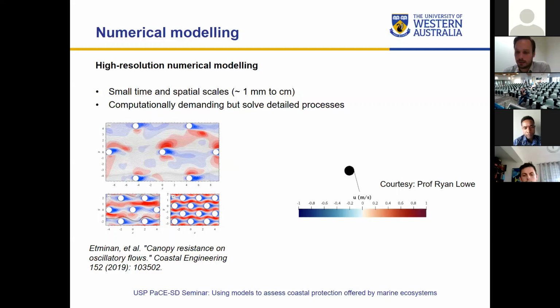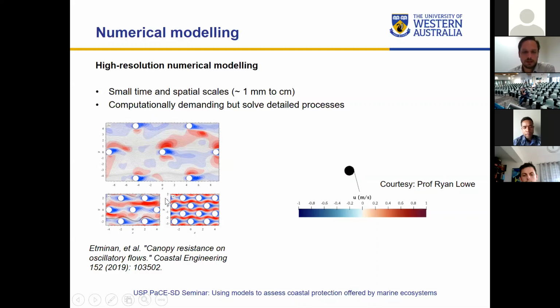where you can look at specific data from the experiment in a better way, whereas other processes are easier to get out of a model like this. And then there's some other type of models that really capture the flow through canopies. This is a top view. So on the left is a top view of a vegetation field, I would say, and the colors are the velocities.